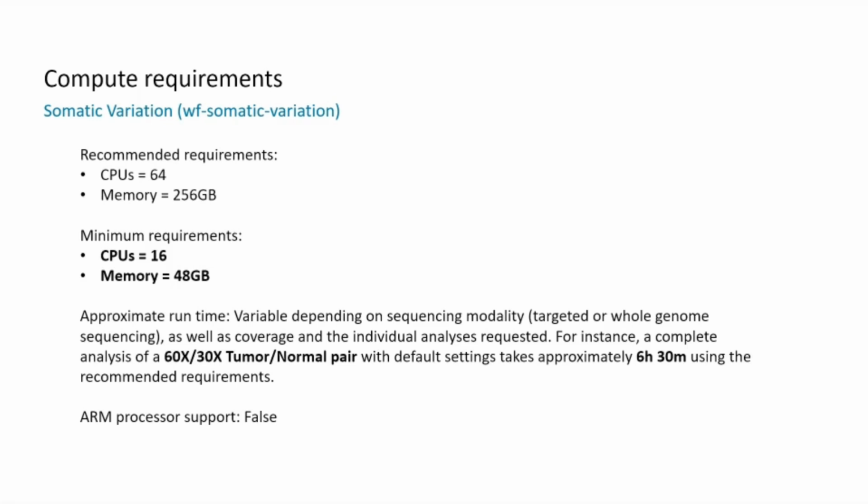There should be no problem installing EPI2ME, and no problem using some of the other workflows. But this particular human variation pipeline will likely fail if we are using a Mac computer.